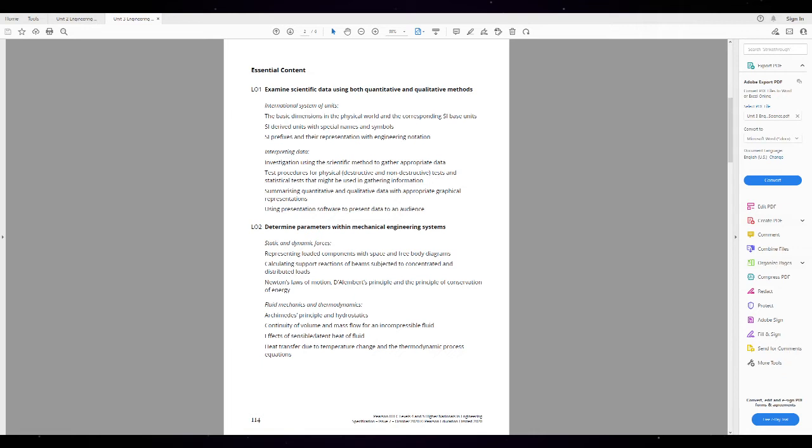We always draw everything in relation to horizontal pointing to the right. So horizontal pointing to the right is 0 degrees.